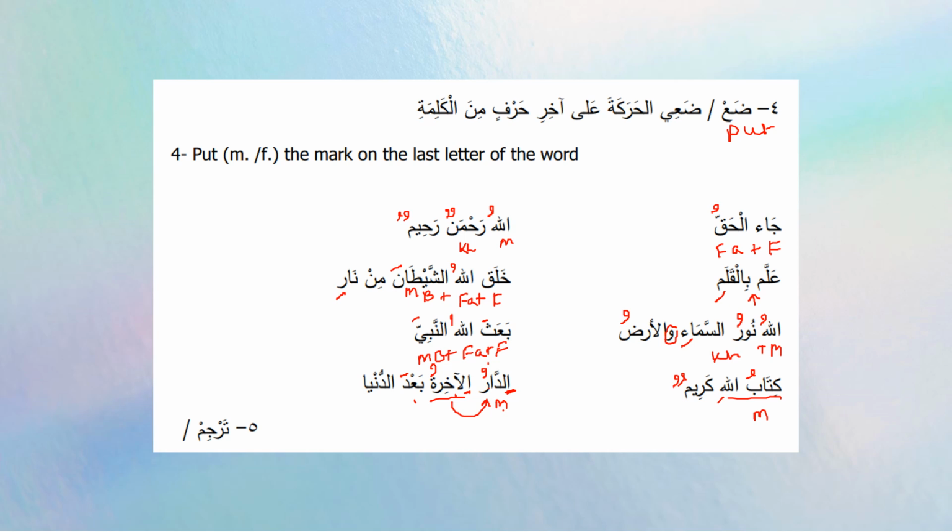But can I put a kasra here on the long vowel alif? No, I cannot put a kasra because it's a long vowel and it doesn't accept any haraka. So the kasra will be here. What is it called when it is not put? It is called estimated, or muqaddara.